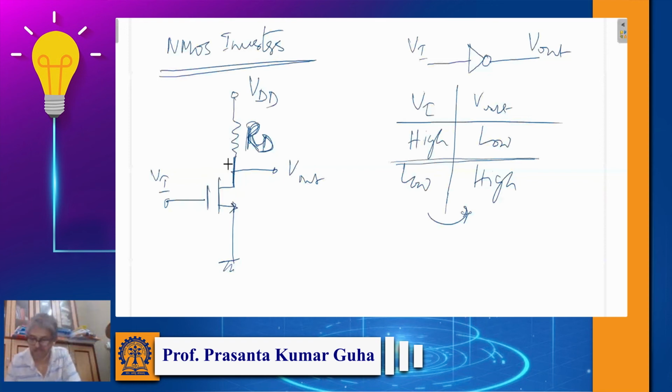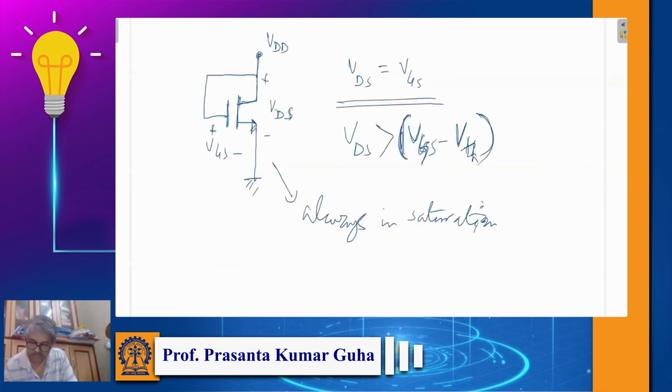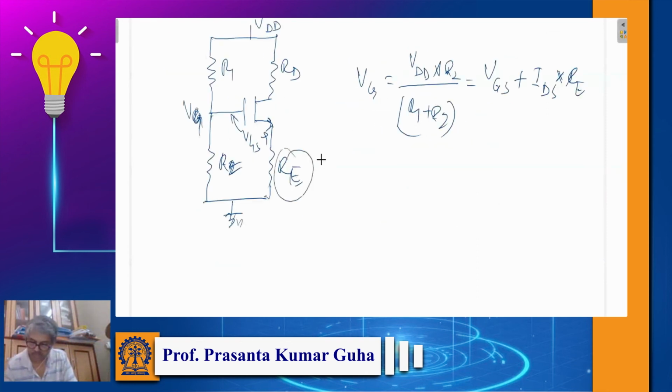I think I made a mistake: instead of RE, it should be RS, because it is connected to the source. But don't worry about that, it is the usual convention: the resistor is named by the terminal it is connected to.